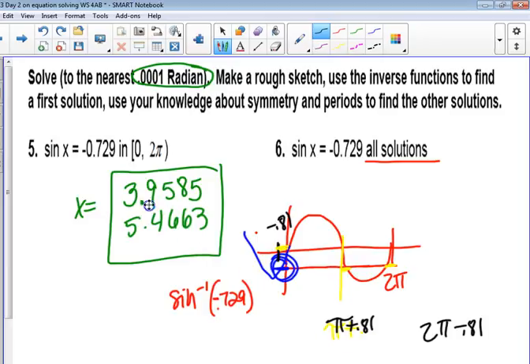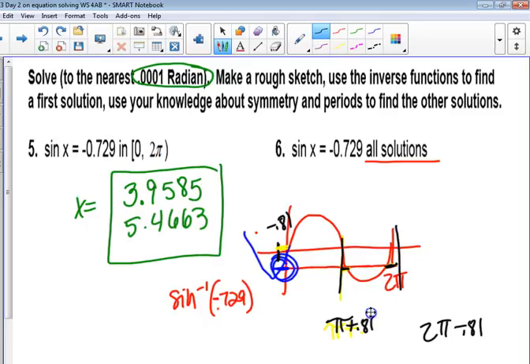Type those in real fast. You should get these decimals. Obviously, I rounded, but nobody wants to do them that way anymore because you have a graphing calculator, right? Okay, because this was a little tiny bit past pi, and this was a little bit back from 2 pi.